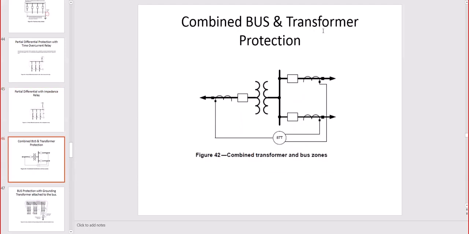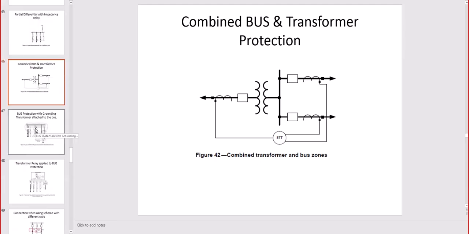Combined bus and transformer protection, very typical 87T for a transformer. What you're going to have as an input is the two feeders on the right, and then the transformer primary on the left. They have a total of 0 as long as there is no fault, and once the fault appears, this is different than 0. So this is a very typical 87 for a transformer.